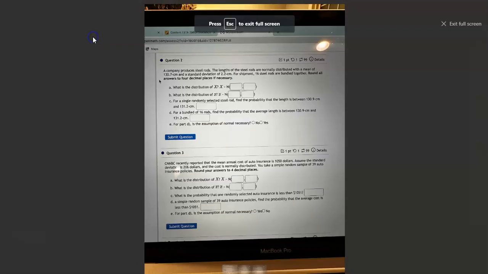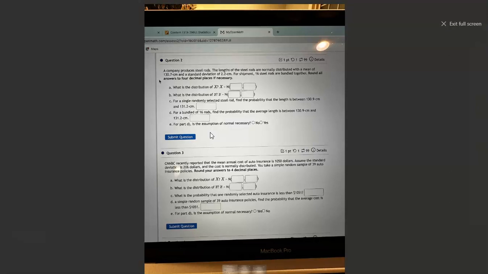So for part D, is the assumption of normal necessary? Now, we have to have a normal distribution if our sample size is less than 30. That's what our central limit theorem says. So if the sample size is less than 30, then normal is necessary. We have to know that it's a normal distribution.